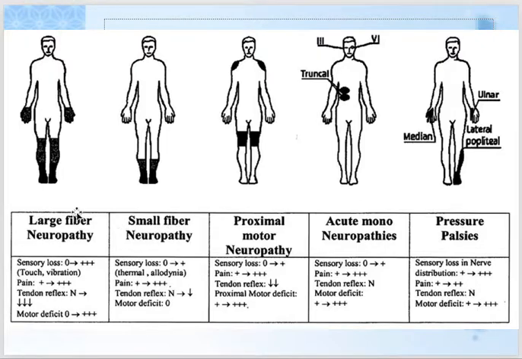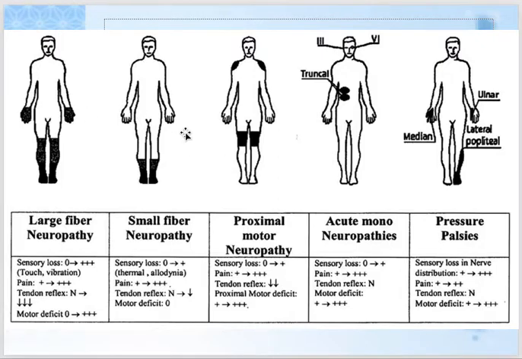Here they are showing you the distribution of different types of losses of the function of the nerves. At this stage, of course, you will not understand, but after listening to this lecture, you will. And I will bring the slide again.